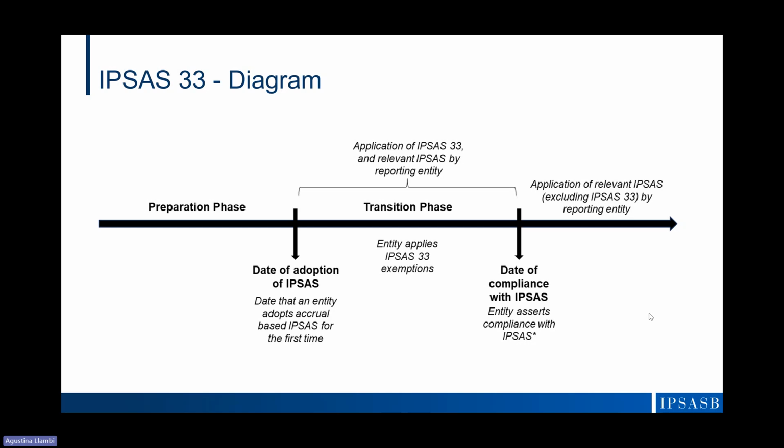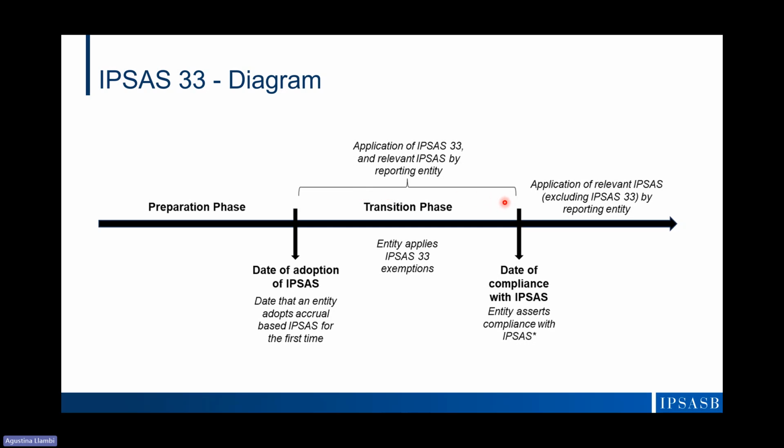So why did the IPSASB do ED 91? Why did they start it? So one of the challenges was that entities thought that IPSAS 33 applied from here onwards, okay?